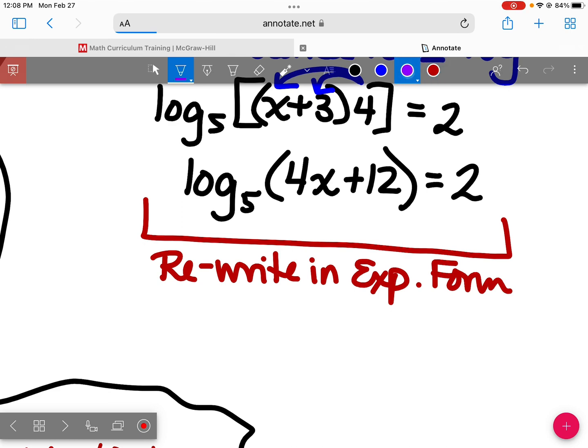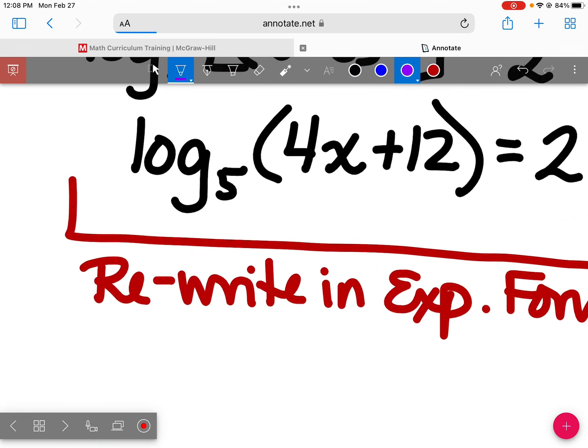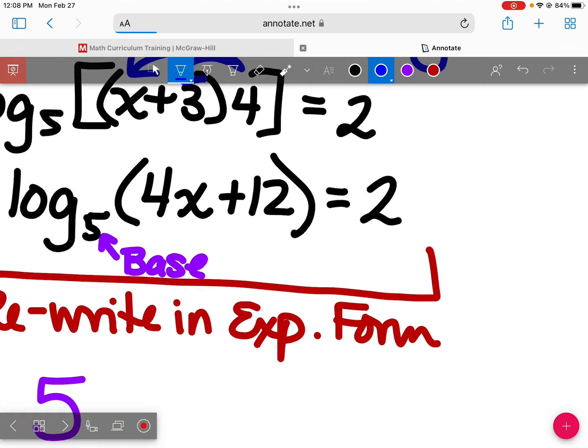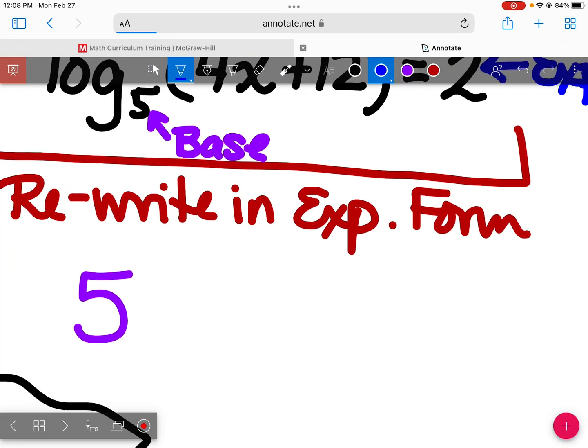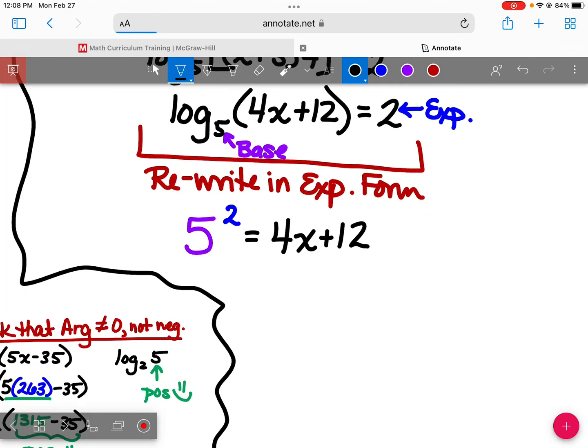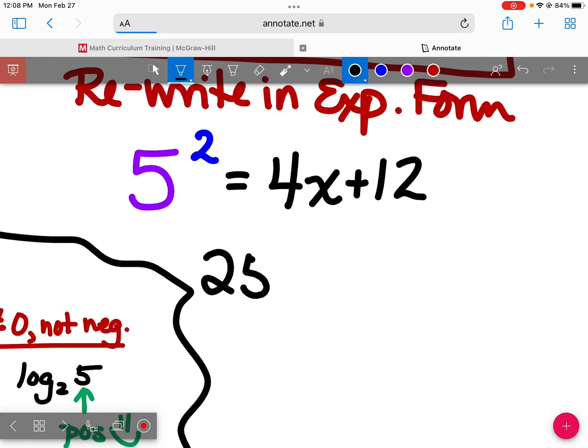What is the base on this log? 5. So it's going to be 5 to what power? What's my exponent? Yep, 5 squared. Here's my exponent. Equals what? 4x plus 12. So 25, you're right, equals 4x plus 12.